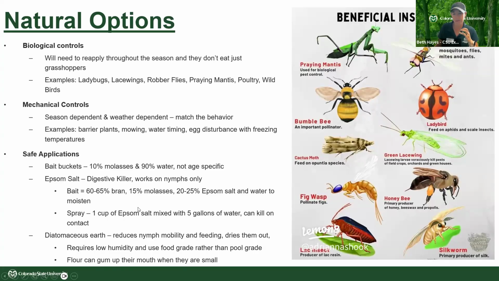And then there are some other safe applications you can do from a natural perspective. You can make a bait bucket. That is 10% molasses, like heavy, thick, liquid molasses, and then 90% water. This is not age specific, so you can do this treatment at any time, regardless of what life cycle you're dealing with. They can smell really well.